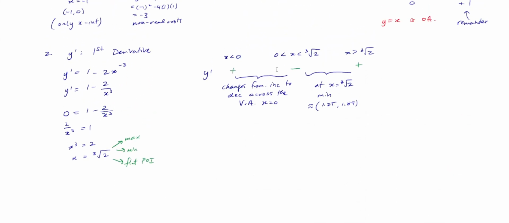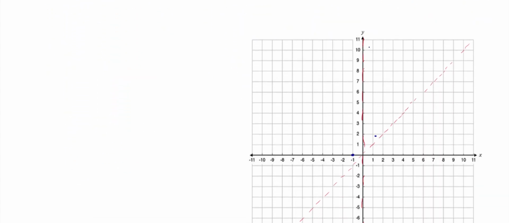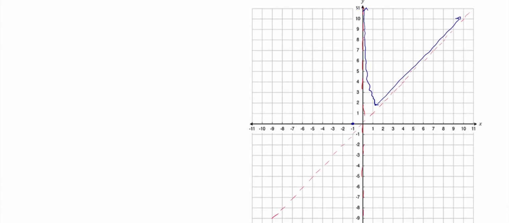So if this is a minimum value, I can also look right here and say that my function is decreasing after the VA, but increasing before the VA. So decreasing after the VA, that makes sense. It goes down to the minimum right here, and then goes up this way. And over here, remember it's going to approach the same extreme because it was an even degree asymptote. So now over here, my function will be increasing.